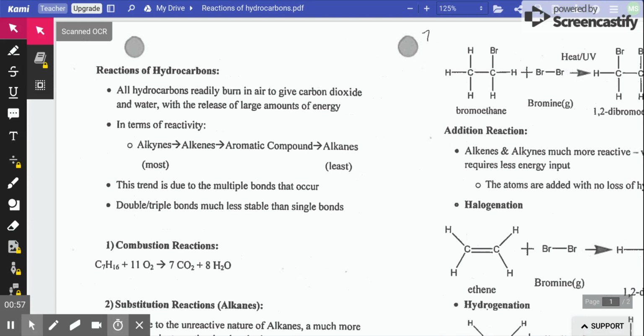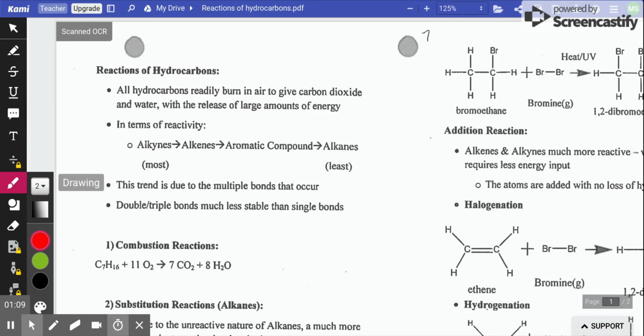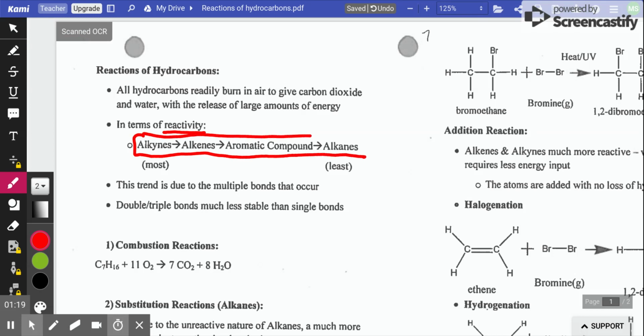Another thing that I really want you to be familiar with is that hydrocarbons have different reactivities. So when we're looking at reactivity right here, alkynes are the most reactive, followed by alkenes, then aromatic compounds, and then finally the alkanes are the least reactive.